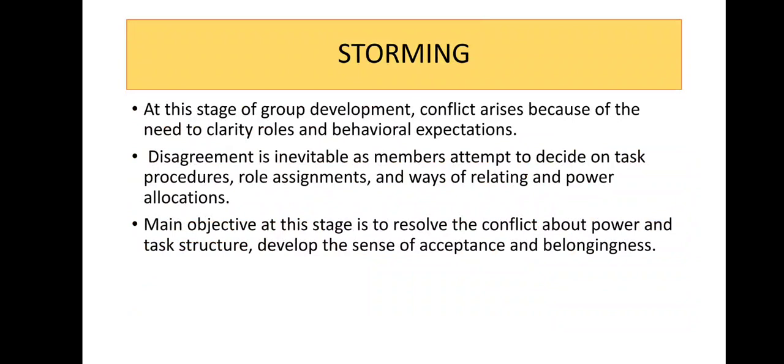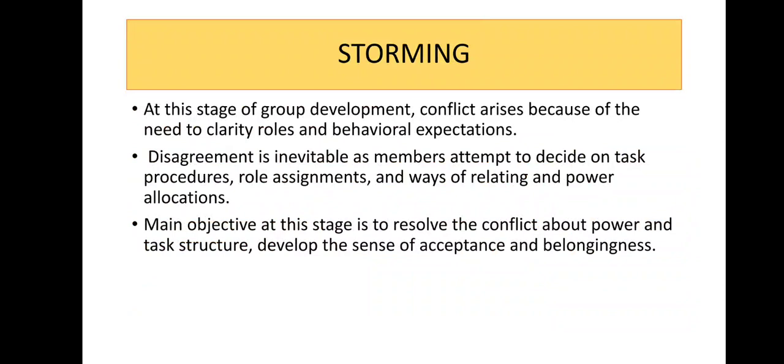The main objective at this stage is to resolve the conflict about the power and the task structure, and develop a sense of acceptance and belonging. So in this stage, the disagreements will be settled, and they'll be resolving the conflicts among themselves about the leadership, the task structure, and the individual tasks, and they try to develop a sense of belongingness or acceptance.